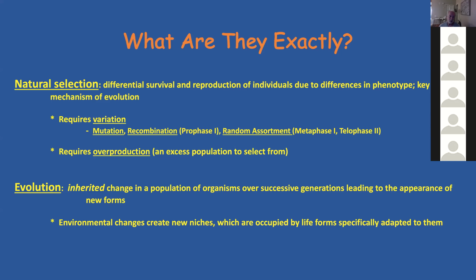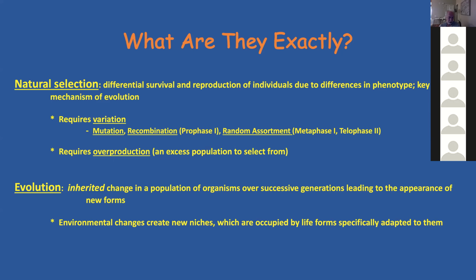The other thing that's required is overproduction. That is, there has to be an excess population with variation in that population so that natural selection has something to select from, can choose out the best from a number of possibilities. Is that understandable?